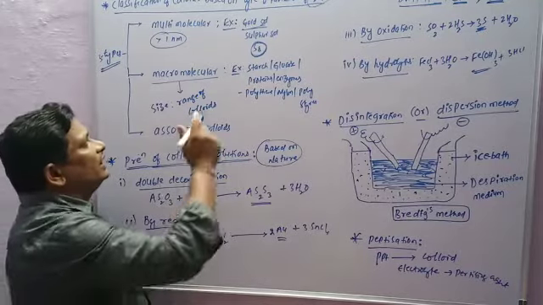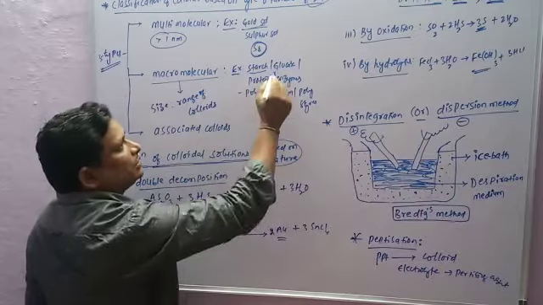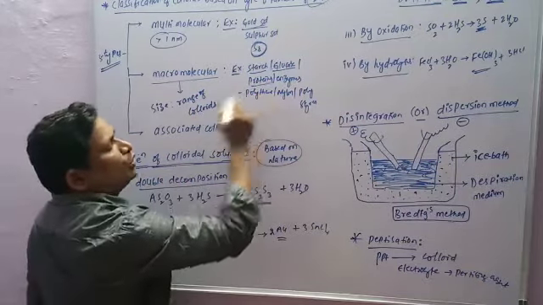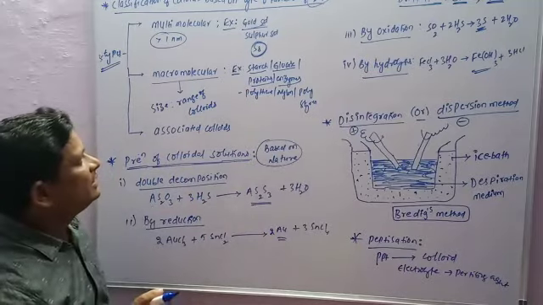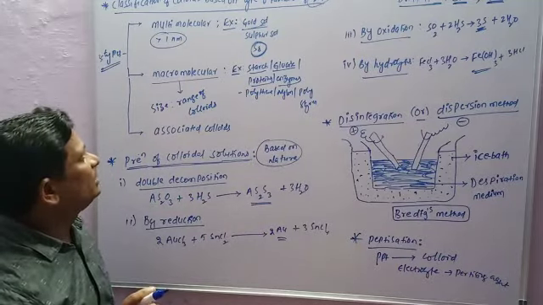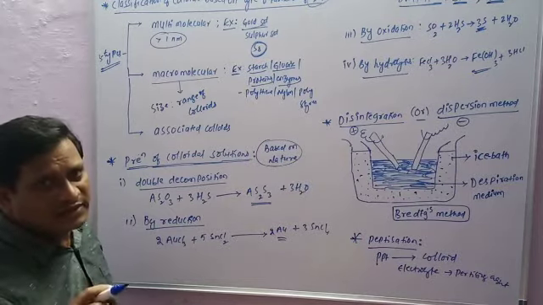Examples of macromolecular colloids are starch, glucose, proteins, enzymes. Man-made colloids are also present.